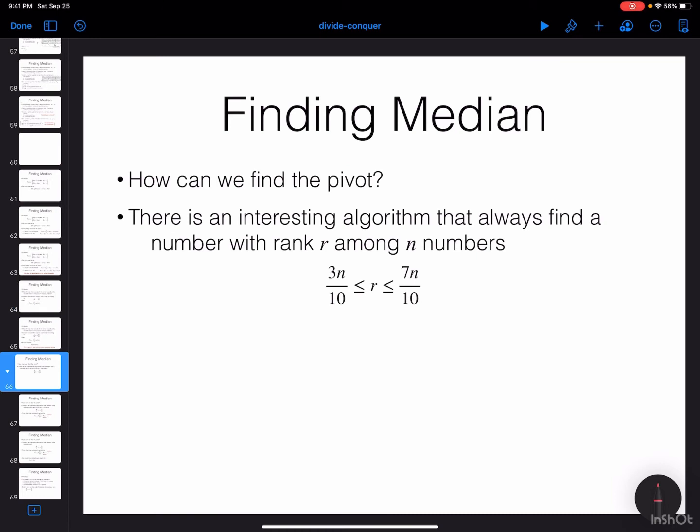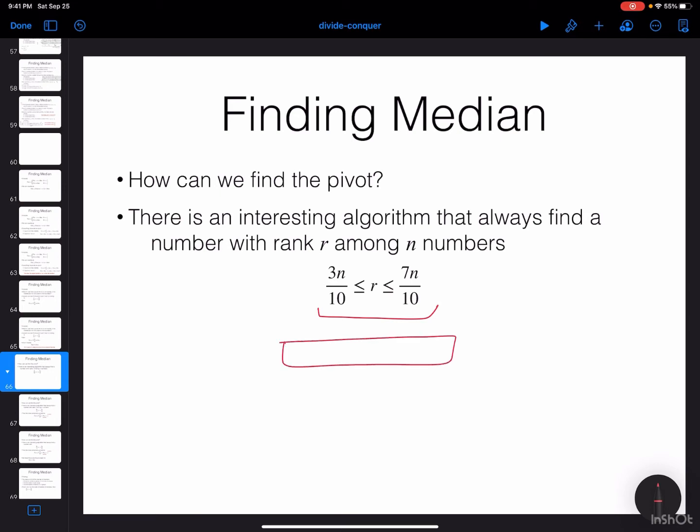So now I'm going to tell you that yes, there is an algorithm that we can apply, and I can prove that it always gives you a pivot value that will end up in this interval, 3n divided by 10 and 7n divided by 10.